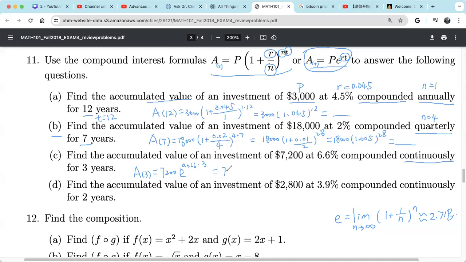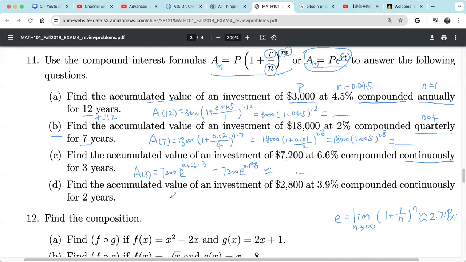Simplifying, it's 7,200 times e raised to 0.198. Three times 66 is 198. Press e raised to 0.198 into the calculator, then multiply by 7,200. Approximate to cents, leaving 2 decimal places, because when we count money, we only count to cents.